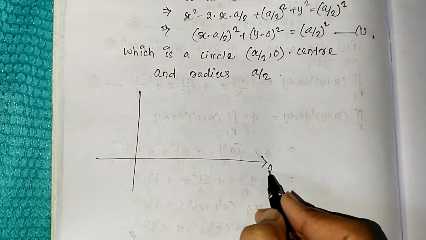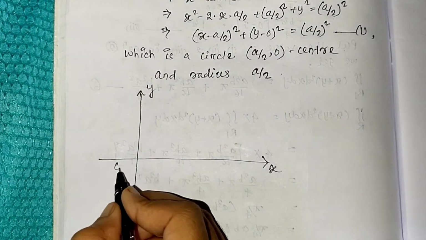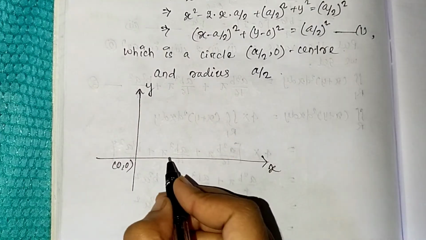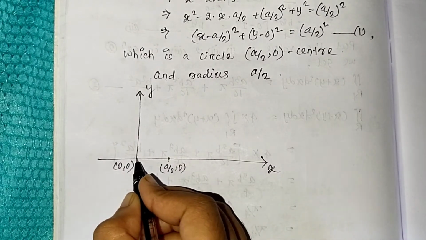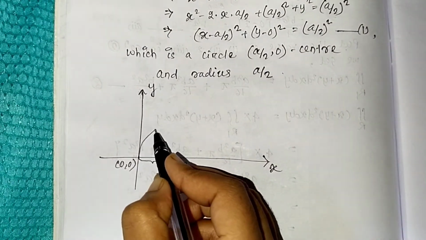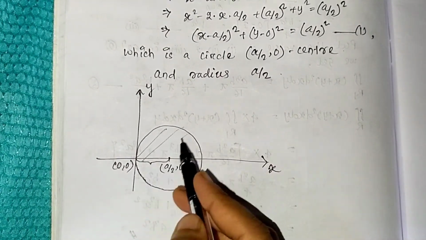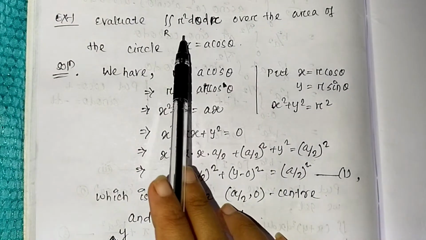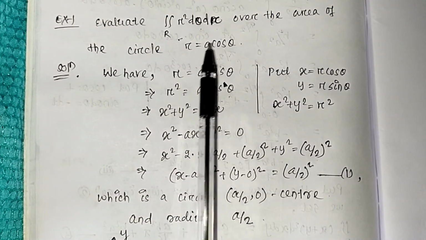That is our x-axis and this one is our y-axis. This is our origin 0, 0 and here the center is a by 2, 0, and the radius is a by 2. Then we draw a circle. This is our region. Here our question is to find the double integration of r square d theta dr over the area of the circle r equal to a cos theta.